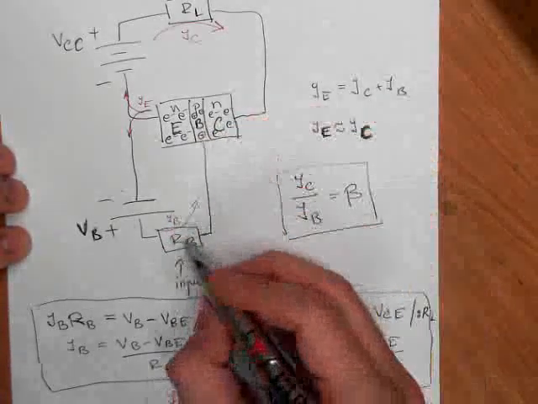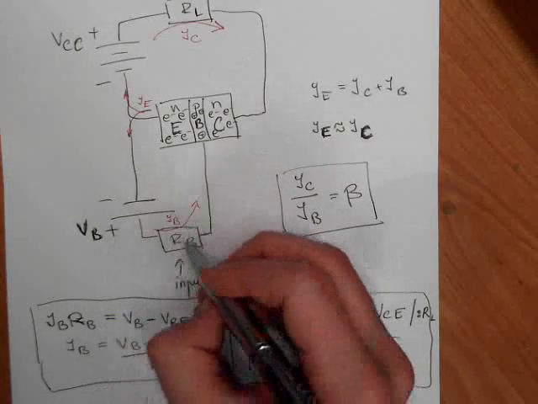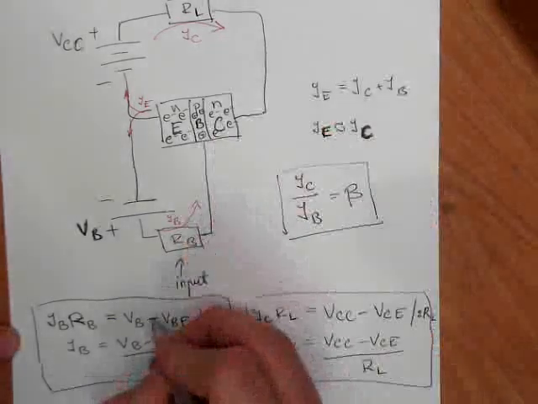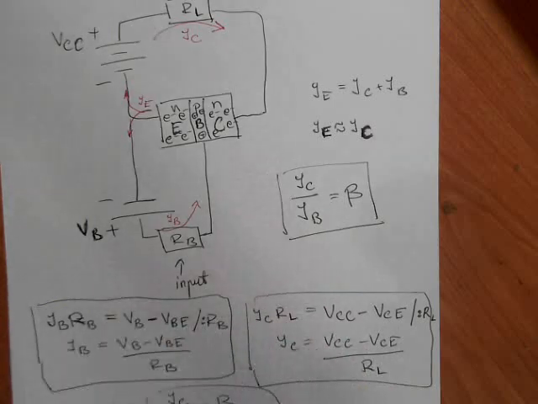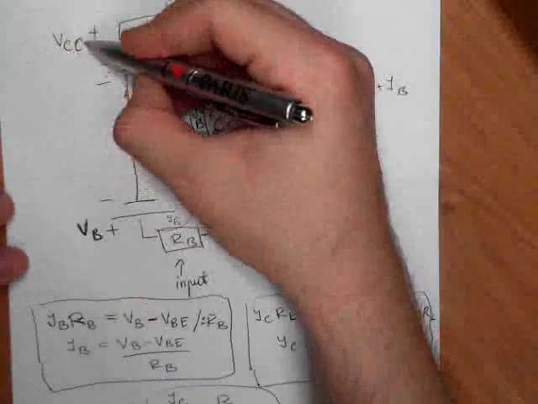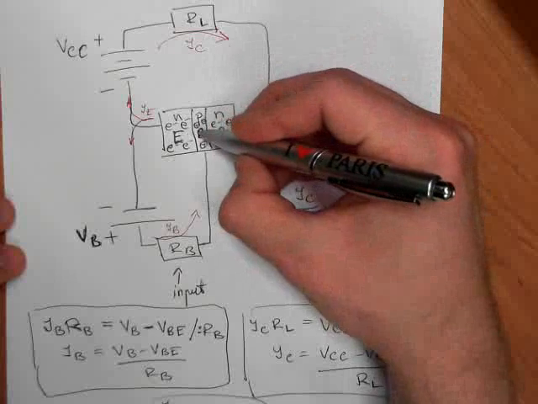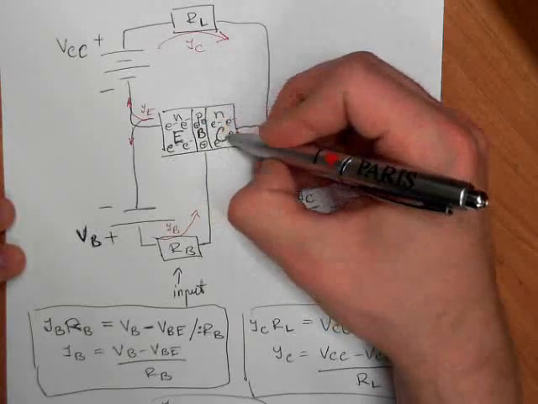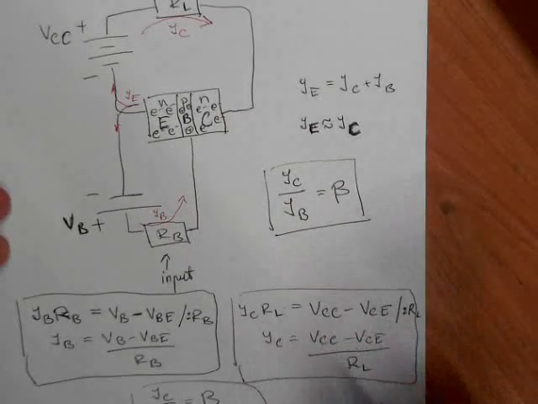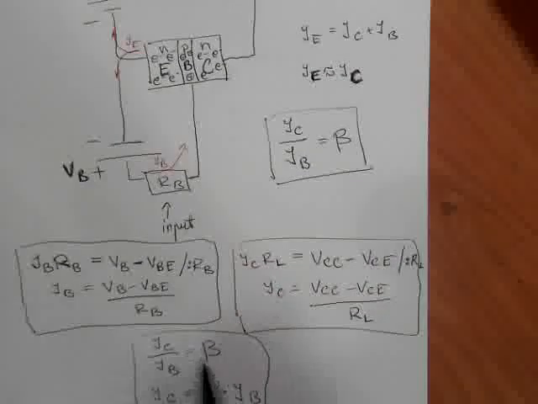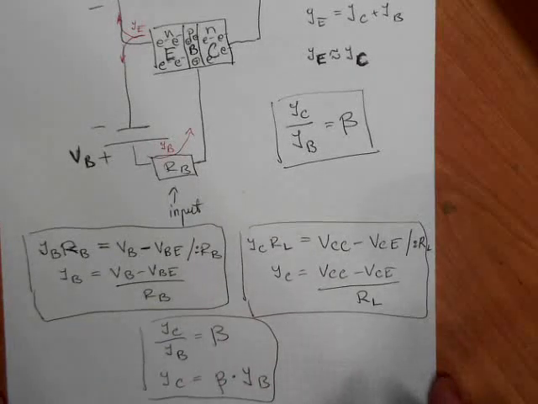Some voltage drops here, some voltage drops here. So VB minus VBE is IB times RB. Again, the total of this voltage can drop on this resistor and on these two PN junctions, so in general on EC. So we write VCC minus VCE is ICRL. And for currents we get this relationship as for current gain. Alright, so now we have covered these equations.